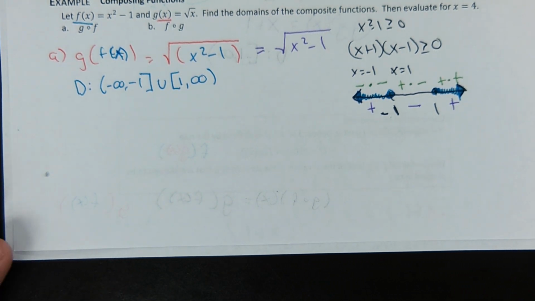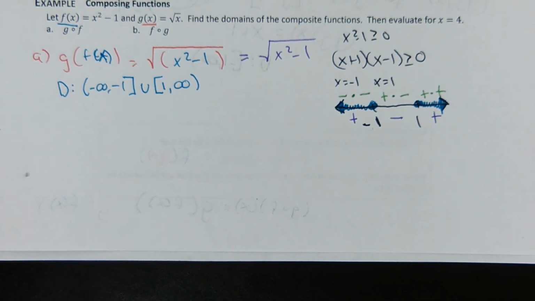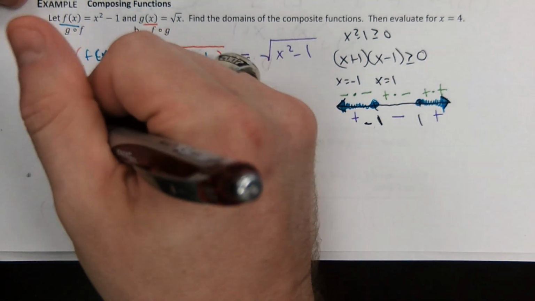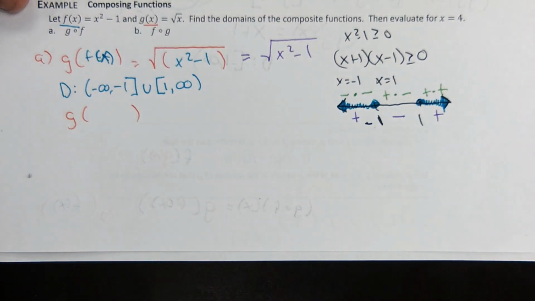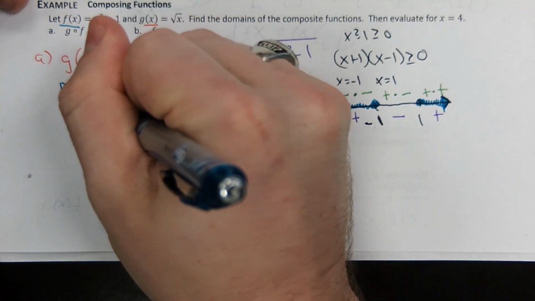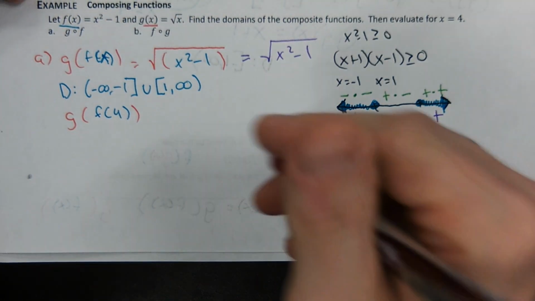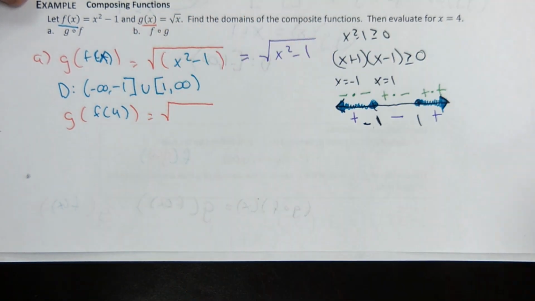And then lastly for part A, it says evaluate for x equals 4. That means plug in 4 and see what you get. Let's plug in 4 and see what we get. G of f of 4 is the square root of f of 4.